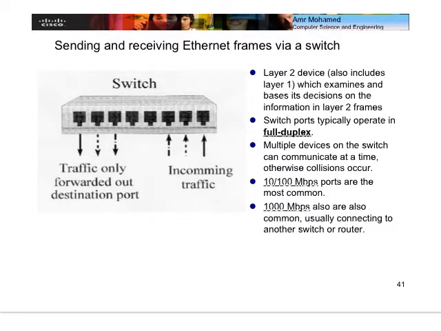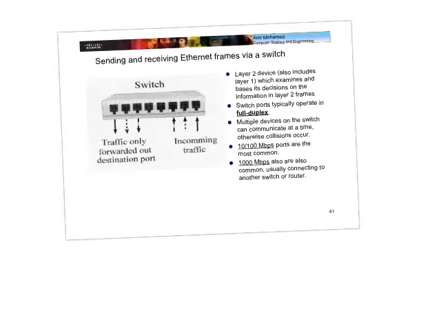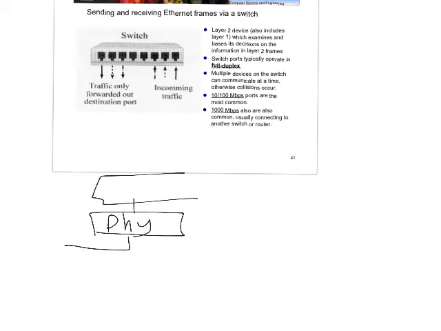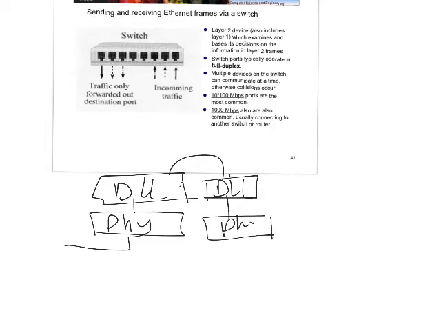So the switch is something like this. You receive first on the physical layer, and then you send it up to the data link layer. You process. Once you're done, you have to reframe using the data link layer, and then you have to regenerate the signal using the physical layer, and then you send it on a specific port.